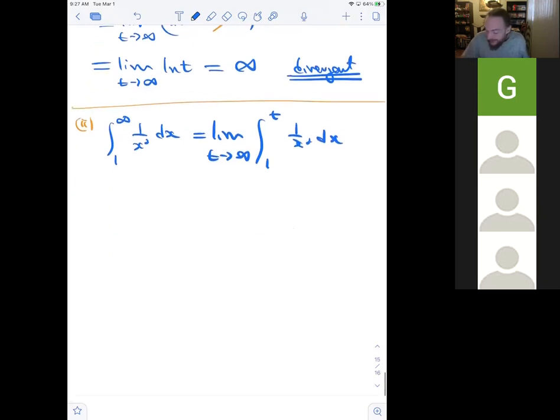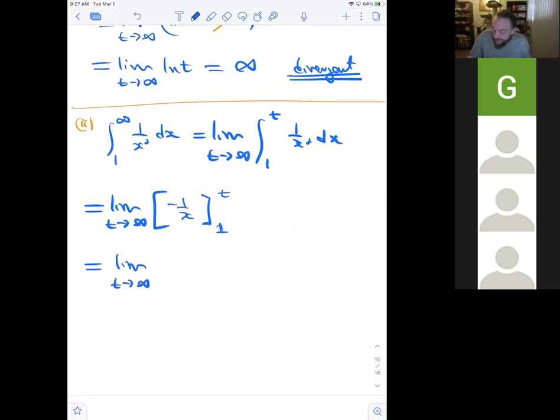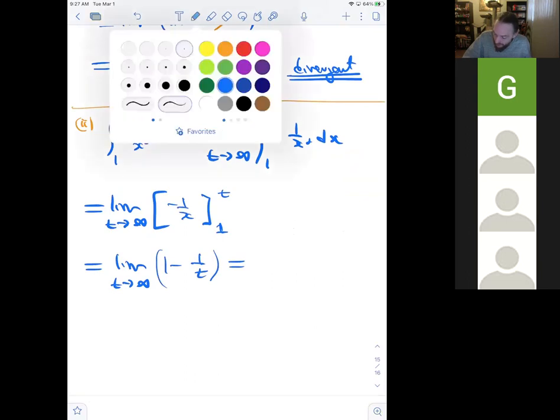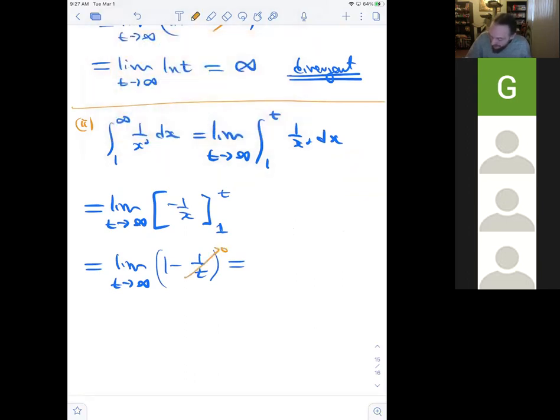Now I get negative 1 over x as the antiderivative of 1 over x squared, evaluated from 1 to t, which is equal to the limit as t approaches infinity of 1 minus 1 over t. This one goes to 0 as t goes to infinity, which gives 1, which is less than infinity, so convergent.